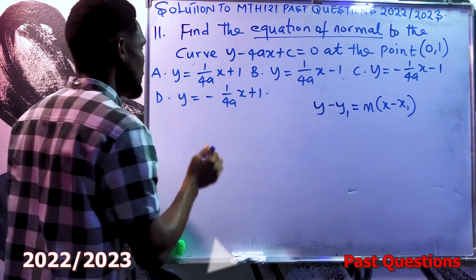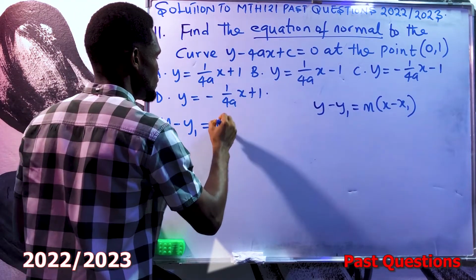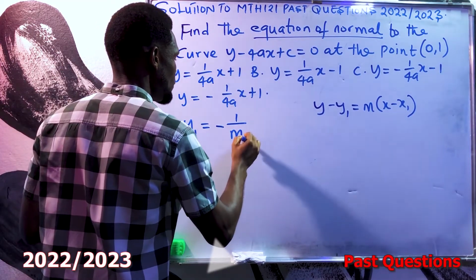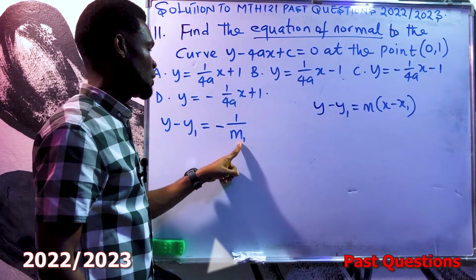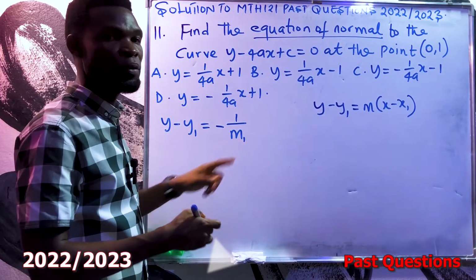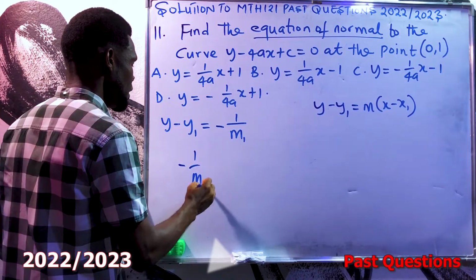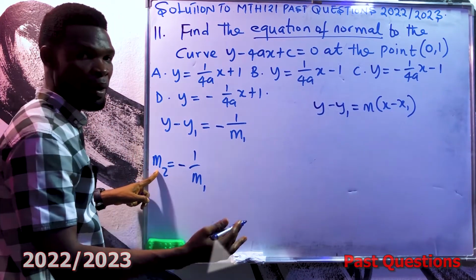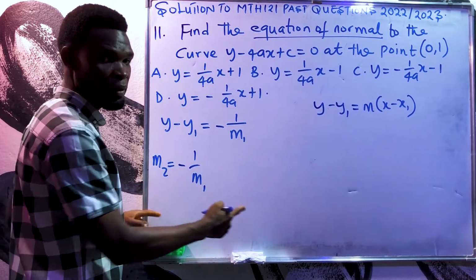But the equation of normal will be y minus y1 equals minus 1 over m1, where m1 is the gradient of tangent. So the gradient of normal, m2, equals minus 1 over m1.